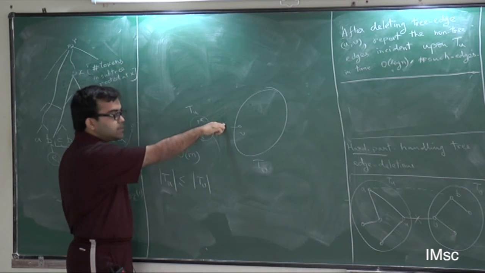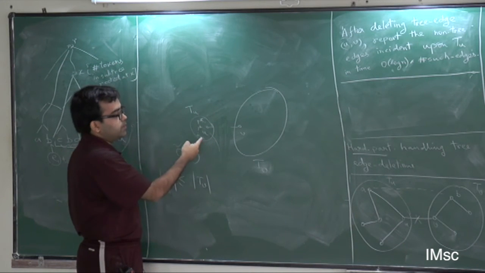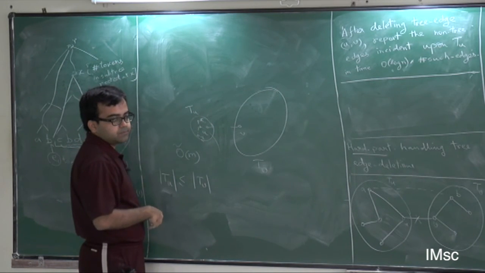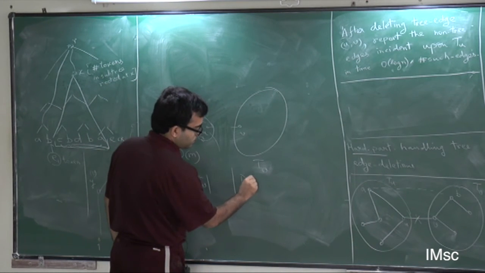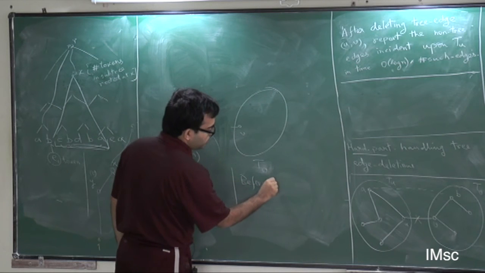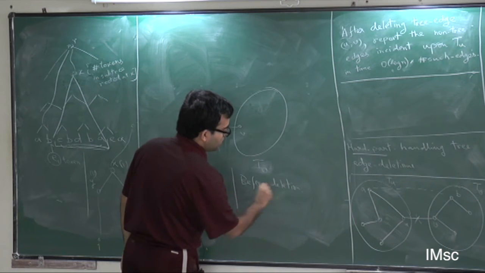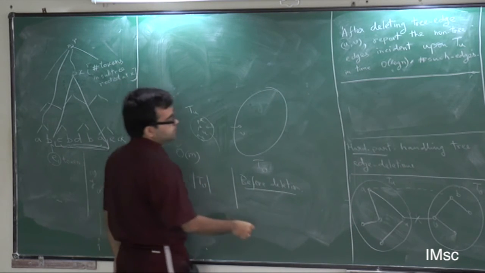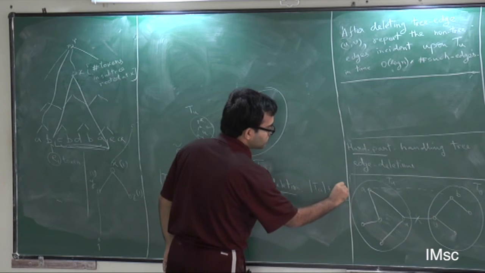Now, before this edge deletion (u,v), what was the size of the component x belonged to? It was T_u plus T_v. So, before deletion, the size of the component that x belonged to was T_u plus T_v.